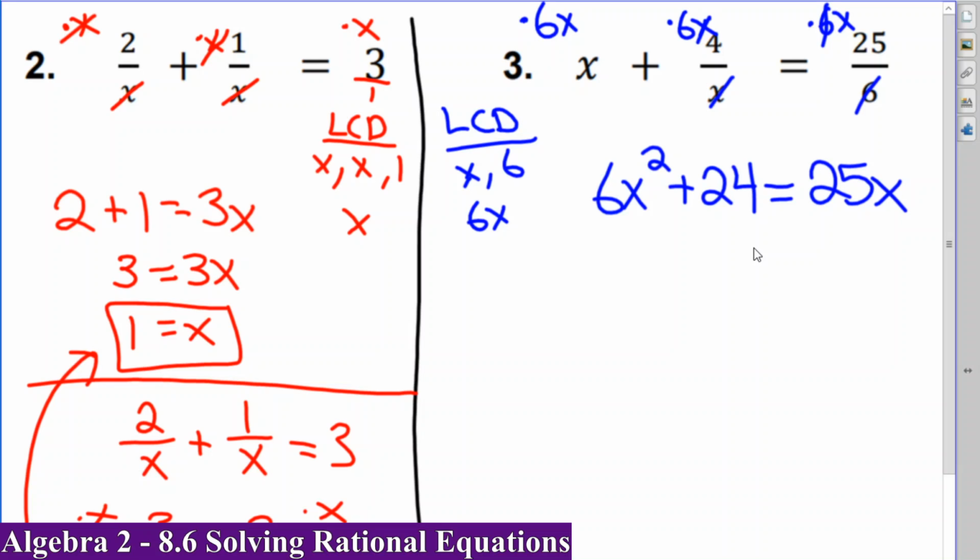So no more fractions. But what I see is that I have a quadratic here. In order to solve a quadratic, we need to set it equal to 0. So we're going to get 6x squared minus 25x plus 24 equals 0.